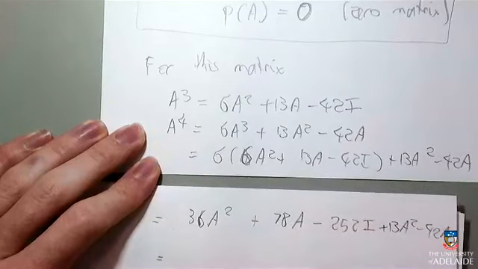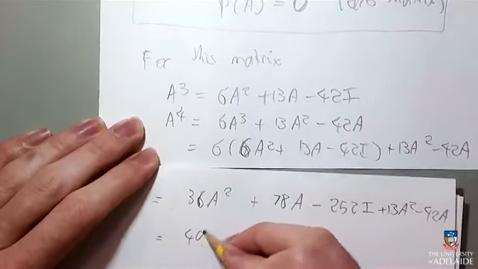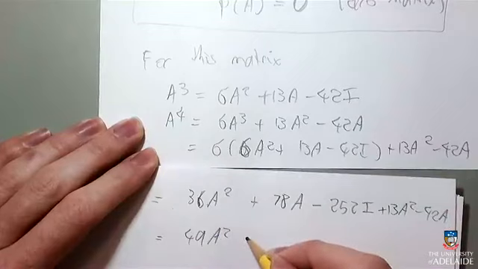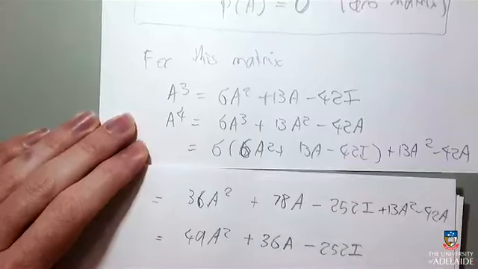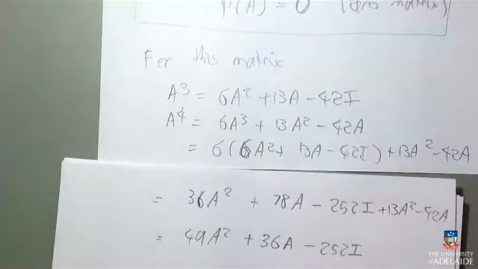So I've got, what, 49a squared plus 36a minus 252i. So I've managed to make a to the 4 out of a squared and a and i as well.